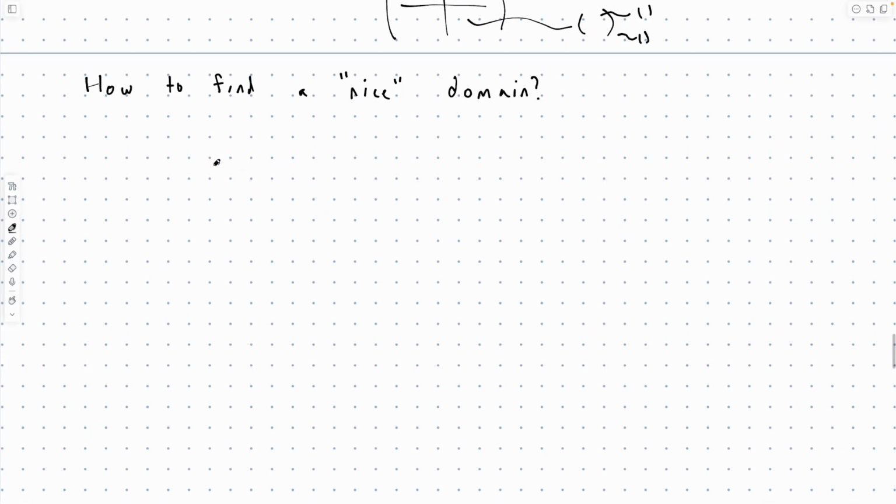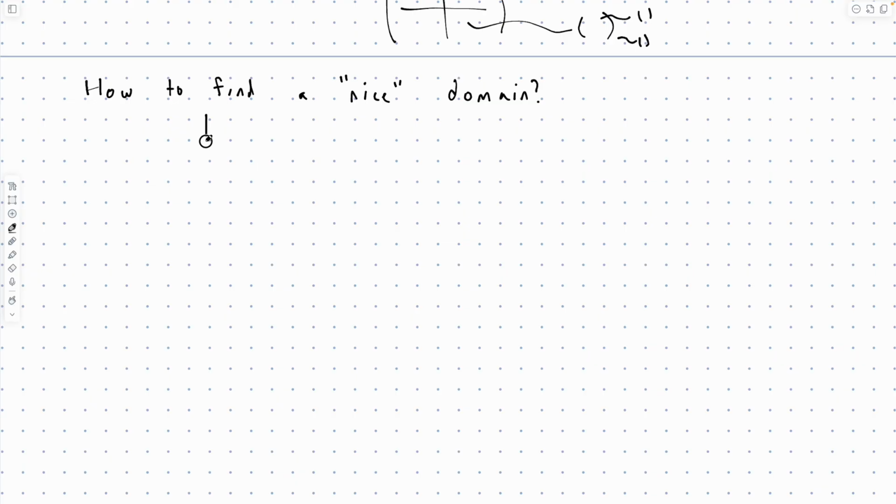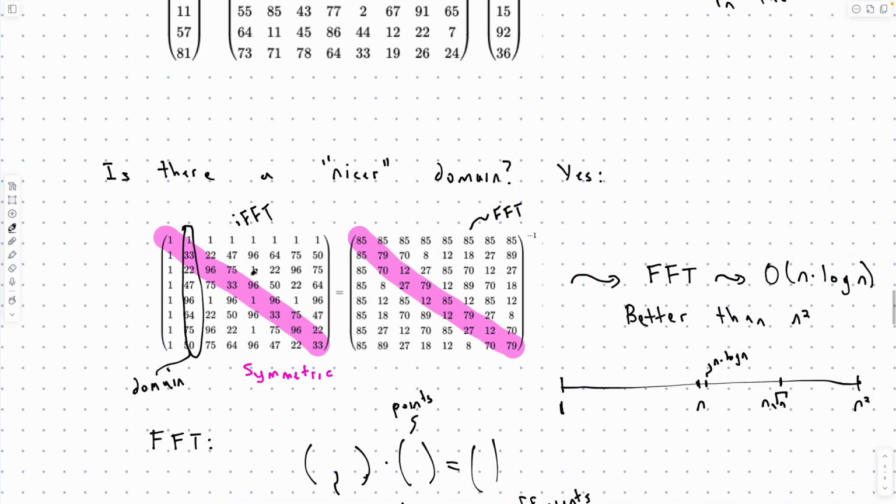Okay. So here's what you do: you're working mod Q. And in our running example, Q is 97. You figure out how many points your domain has.